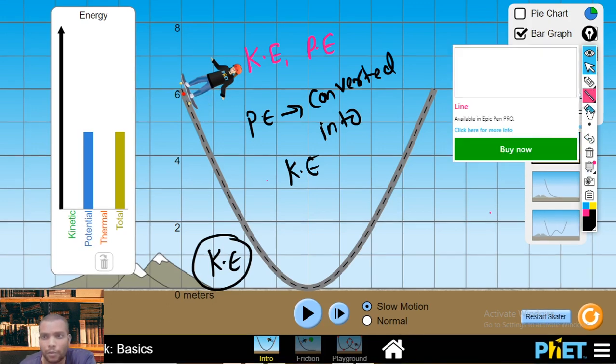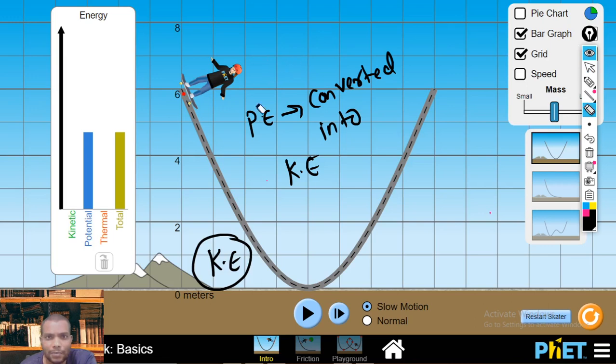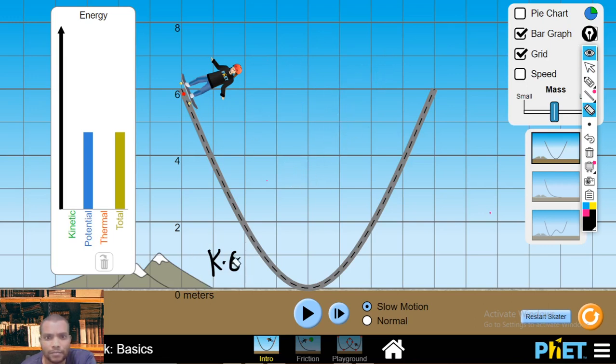So if I write here, I can take 3 points all over this way. The first point A, then B and C. Let me write the potential energy first. Here potential energy equals mgh. I have taken h equal to 6 meters and I calculated the potential energy at A, and I got 3000 joules.